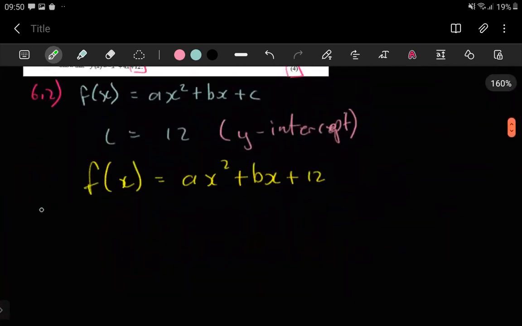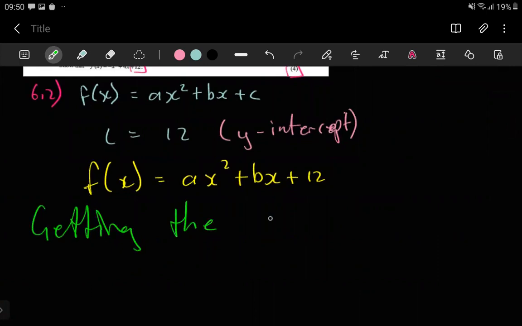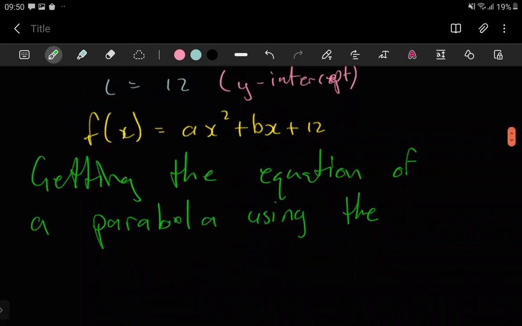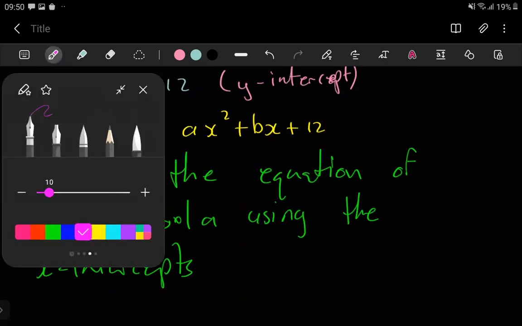So what I can write out here is getting the equation of a parabola using the x-intercepts. If you're going to get the equation of a parabola using the x-intercepts, this is how you do it.